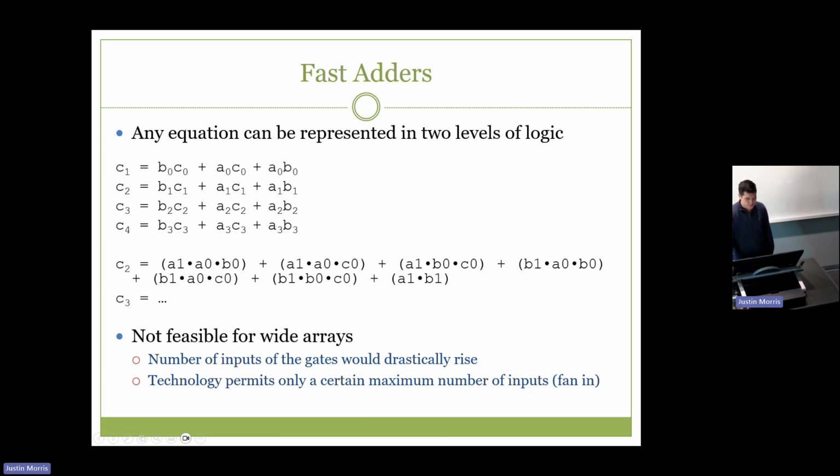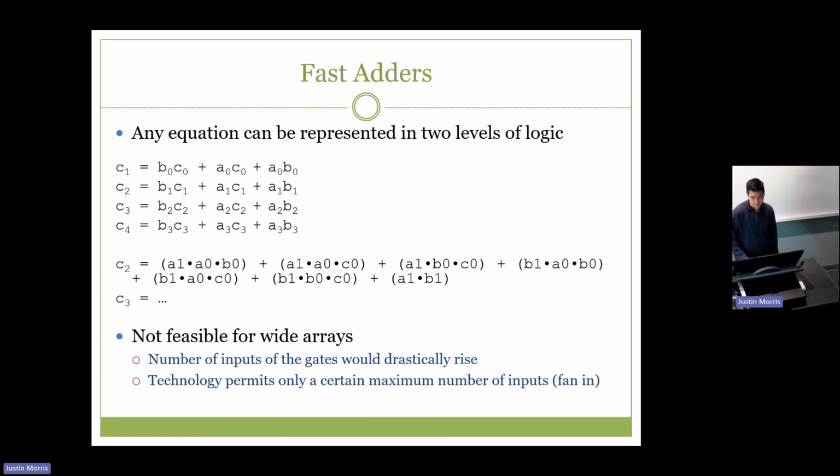And if you do it this way, it's again not feasible for very wide adders because the number of inputs of the gates would rise for every single bit that you have. And because of the technology process in transistors, we can't have just 32 inputs into a gate.